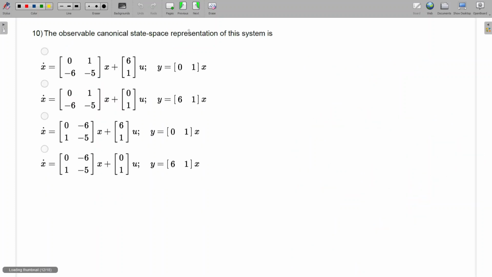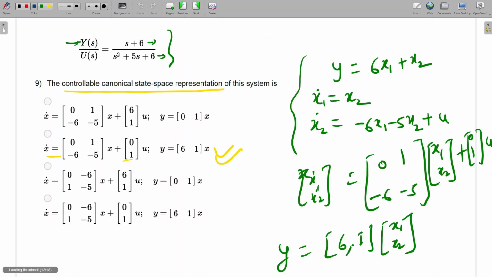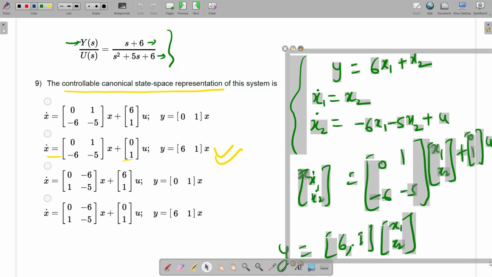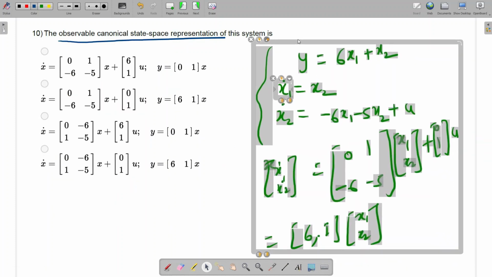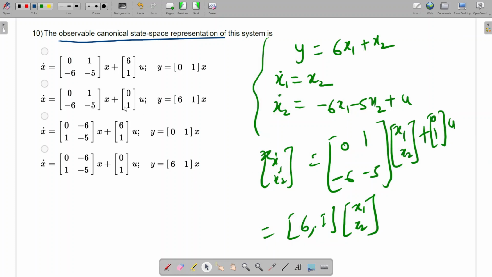Okay, the same question is there, but it is asking for the observable canonical state space form. What will be the answer for this one? Just let me copy that here. So option C will be there. One second. Already we have this as controllable, so A will be just the transpose of this one.